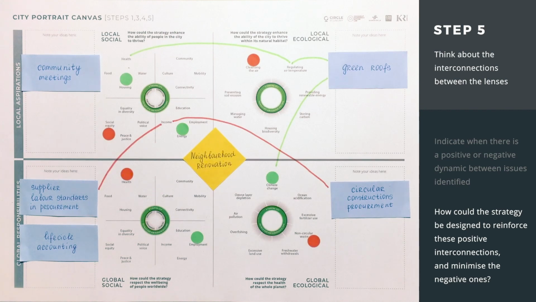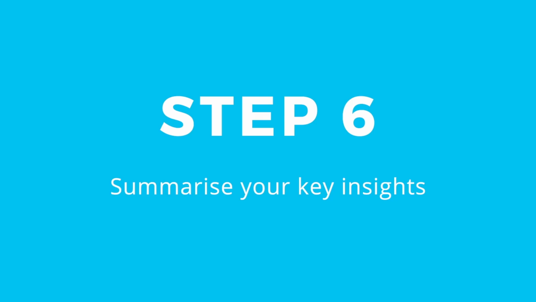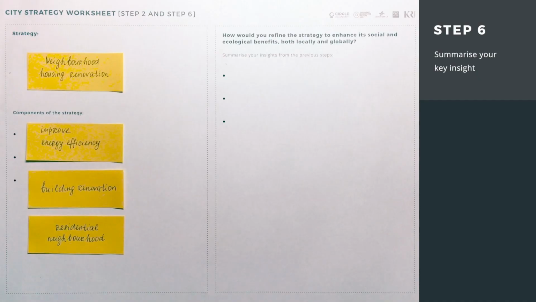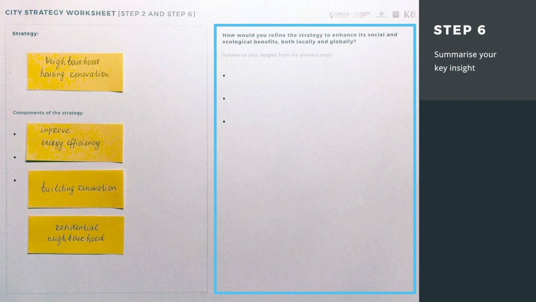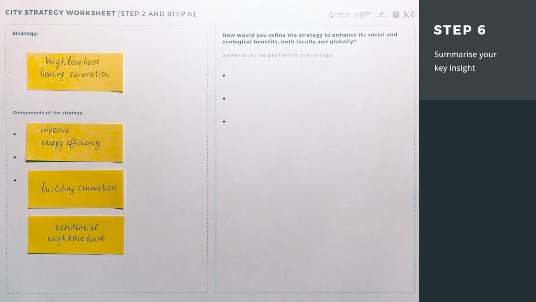So, taking a step back, we've analysed the possible positive and negative impacts of the city strategy over the four lenses of the city portrait canvas, and have pinpointed some opportunities to enhance the strategy from a holistic perspective. Finally, let's return to the city strategy worksheet to summarise the key insights and possible changes to the strategy that were identified in the previous steps.